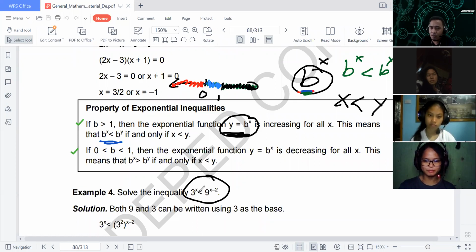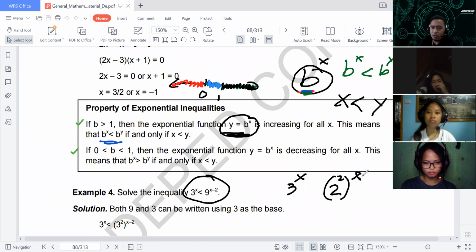Okay, let us consider this one. At first, this is an inequality, right? So you can make their base the same, just what we did in exponential equation. So it can be written as 3 to the x, and 3 squared to the power of x minus 2, right?